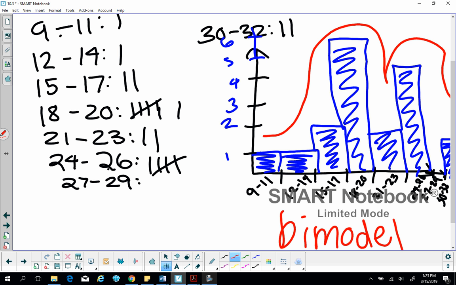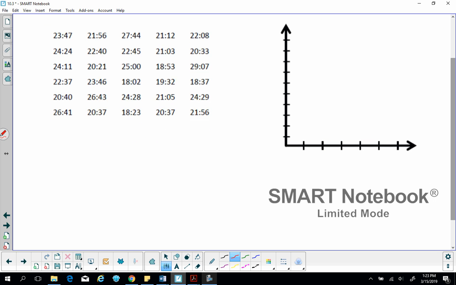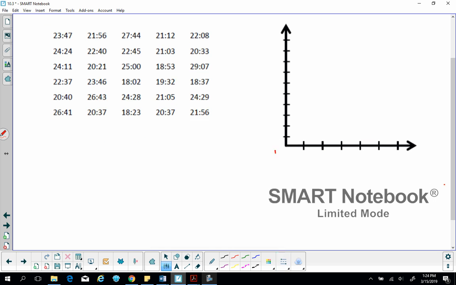Yeah. All right. Now you're opening your purple packet to where it says histogram. I'm going to give you the intervals right here, so copy these down. This should be 18, 20, 22, 24.